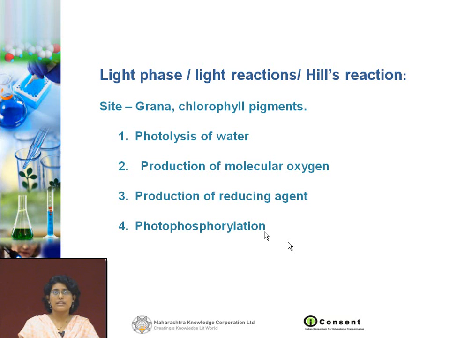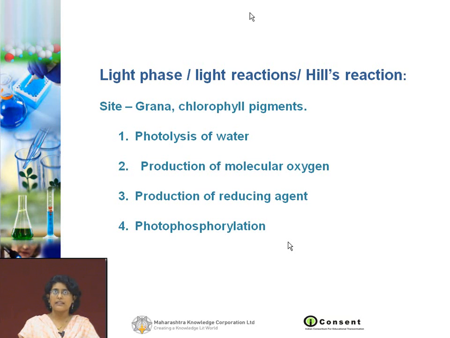Where is this phosphate molecule added? This molecule is added to adenine diphosphate, that is ADP. Diphosphate means with 2 molecules of phosphate group. When one more molecule of phosphate group is added, it becomes adenine triphosphate, that is ATP.